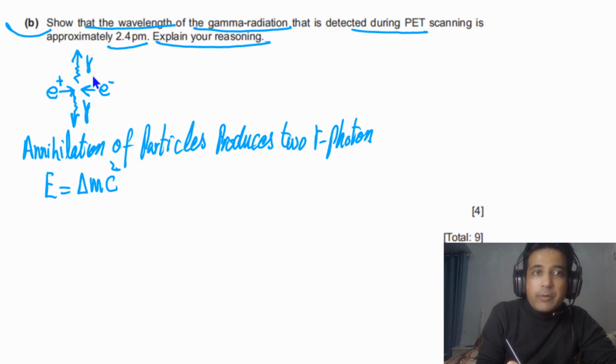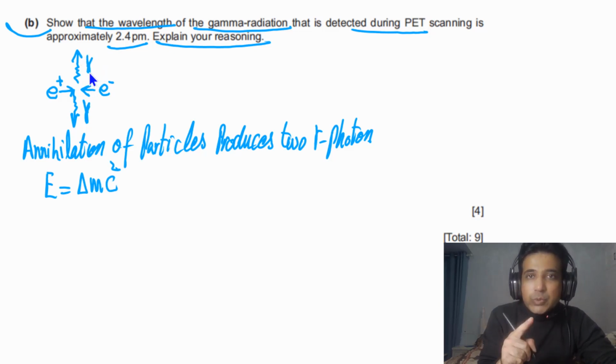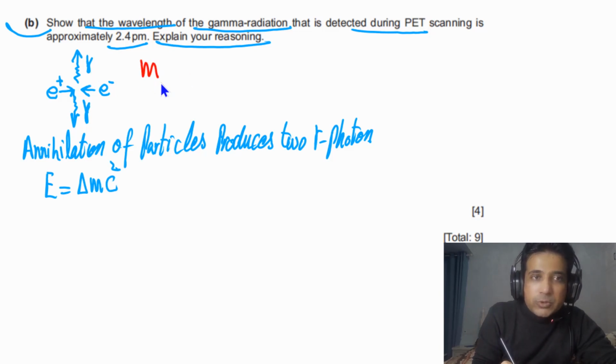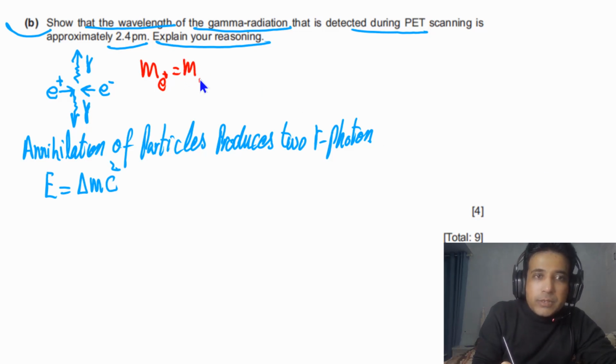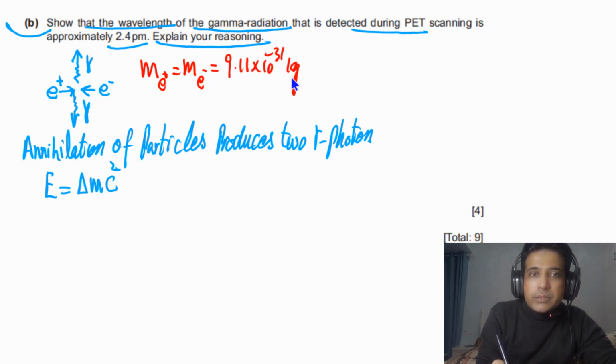We can use the mass of electron or positron, but they are the same, because they are particle and antiparticle, so they have the same mass. This point is also very important. So we can say 9.11 times 10 to minus 31 kg.